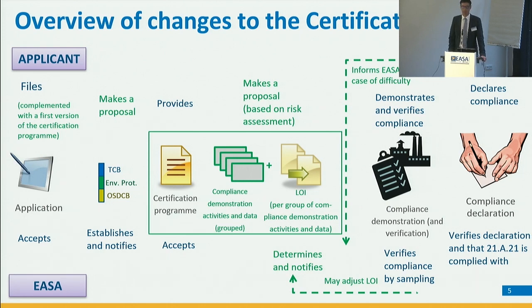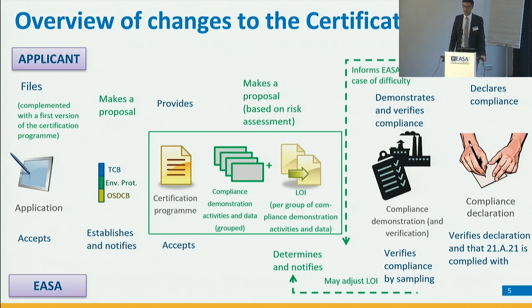The certification program shall already include a proposal of the certification basis. So certification basis means the type certification basis, so CS, the environmental protection requirements, ICAO Annex 16, and the OSD certification basis, for sure, if applicable.